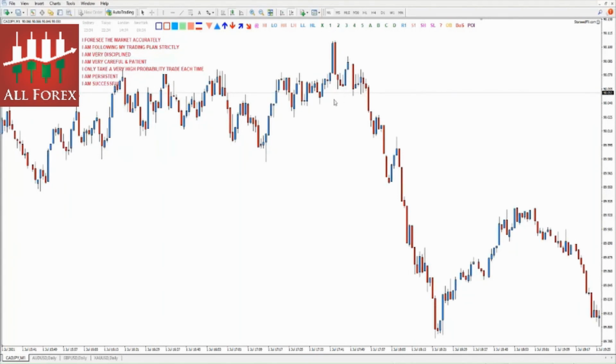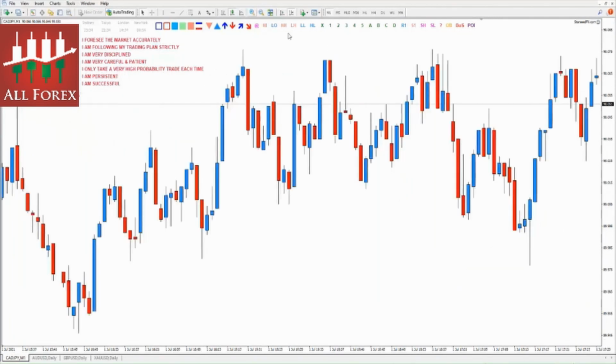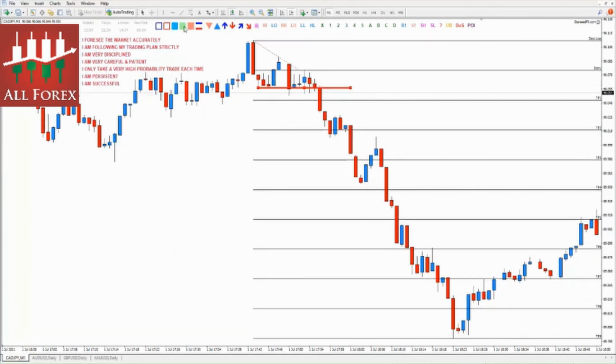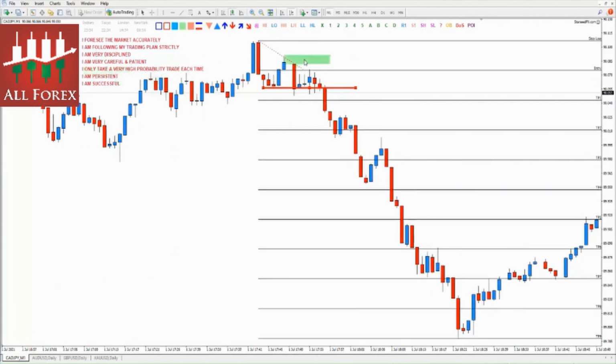So this is my swing high, swing low, and this is the break of structure, even though it is very small, but it was. Look, the body closed below just a little bit, and then this was my order block.